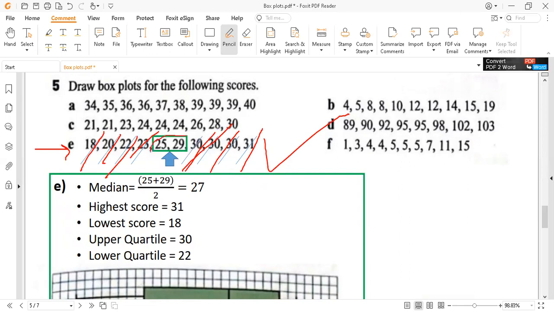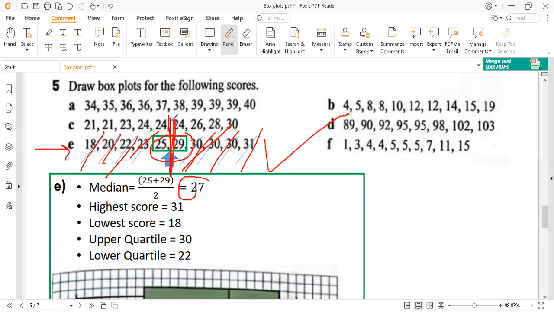Two middle values remain. To obtain the median, we calculate their average. So 25 plus 29 over 2 gives 27. So the median is here in the middle, between 25 and 29: 27.